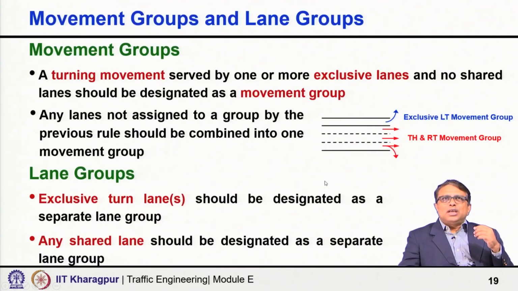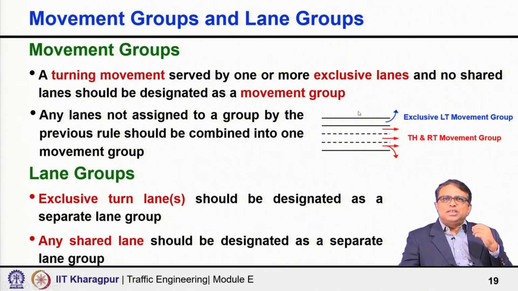Now, there is also a concept of movement groups and lane groups. A turning movement served by one or more exclusive lanes and no shared lane should be designated as a movement group, and any lanes not assigned to a group by the previous rule shall be combined into one movement group.